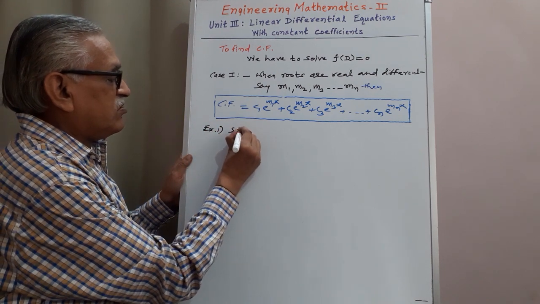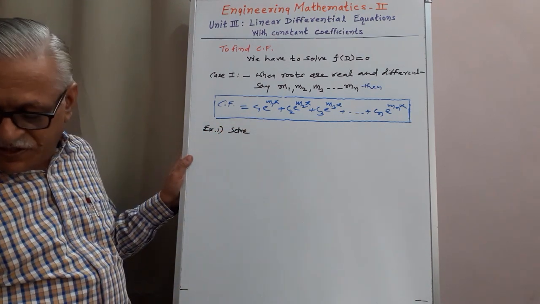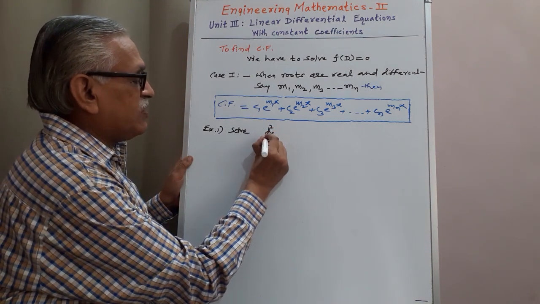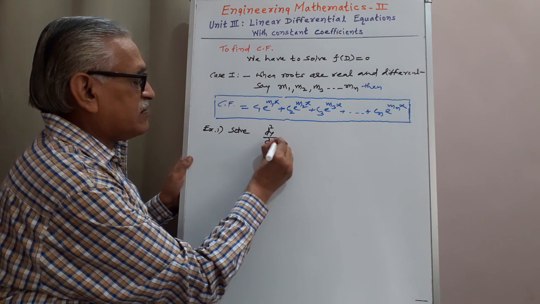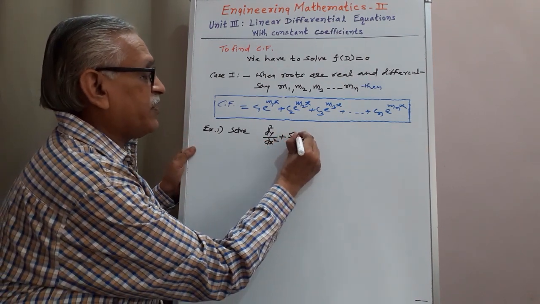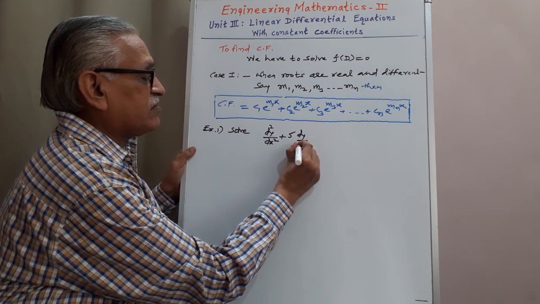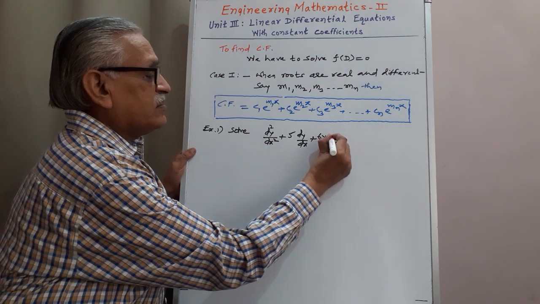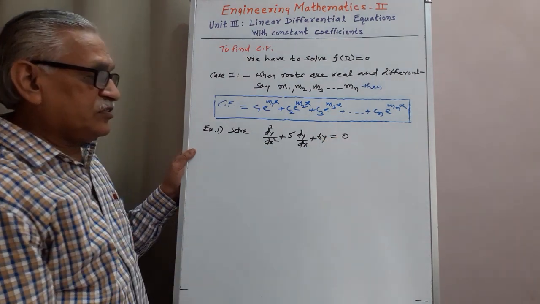Solve the differential equation d2y by dx square plus 5 times dy by dx plus 6y equals 0.